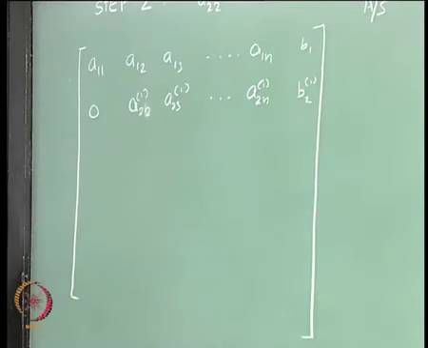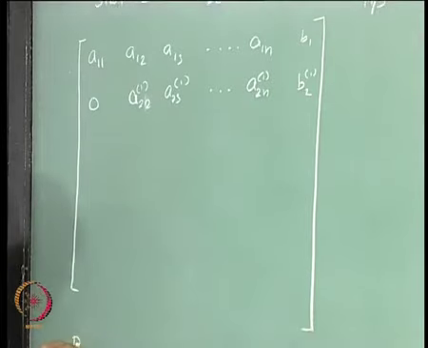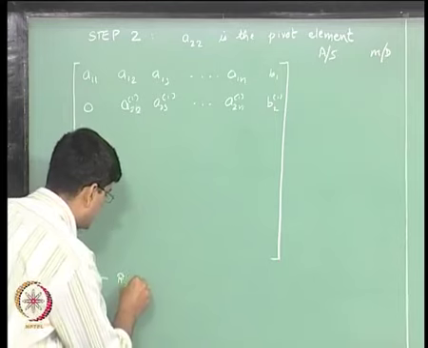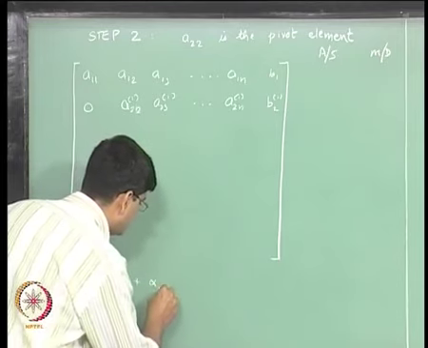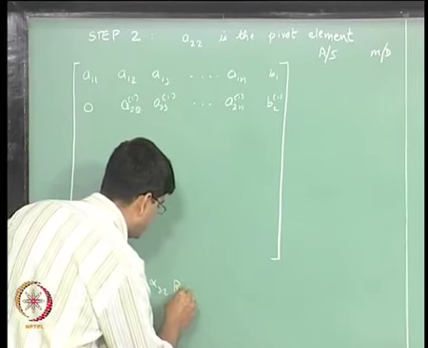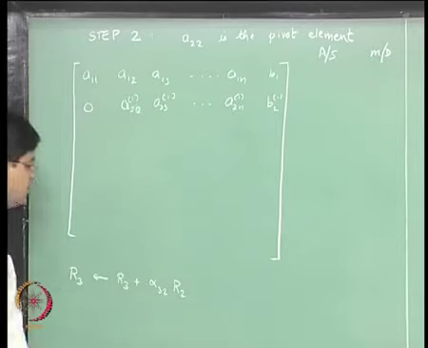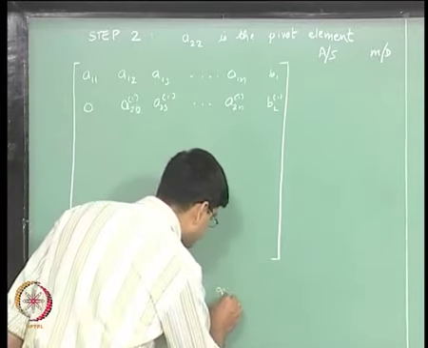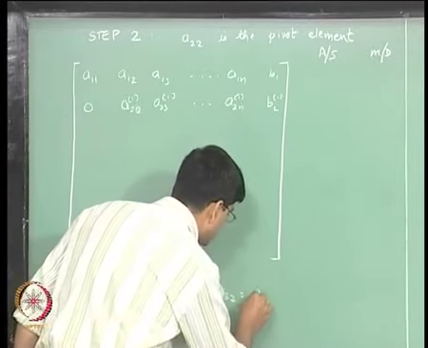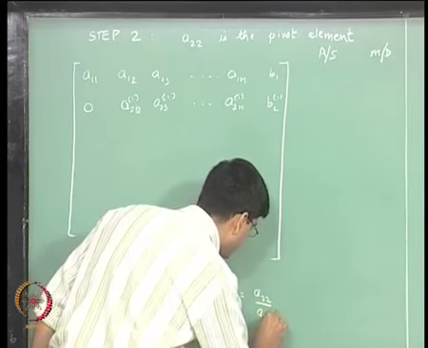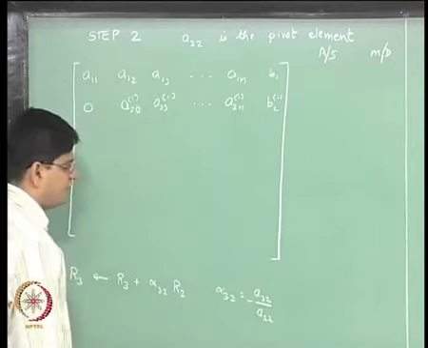The next step we are going to do is R3 is going to be replaced by R3 plus alpha 32 multiplied by R2. Now this step first requires computation of alpha 32. Alpha 32 is nothing but negative of A32 divided by A22.